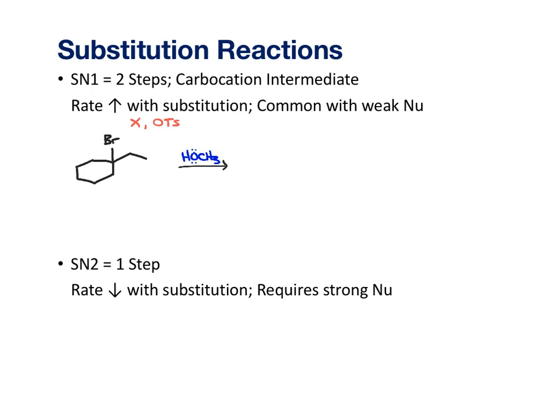With SN1, what happens, the nucleophile does not get involved in the first step, which is rate determining. We lose the leaving group and form a carbocation.